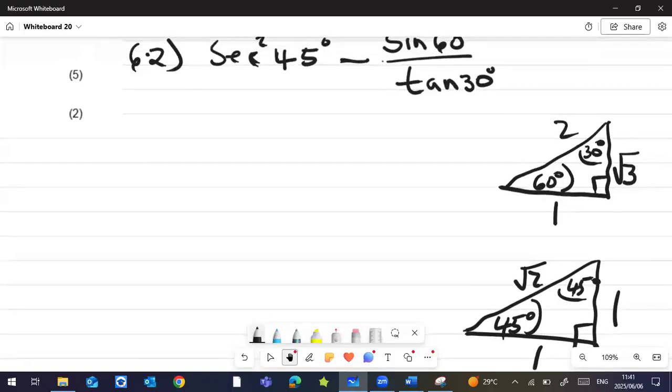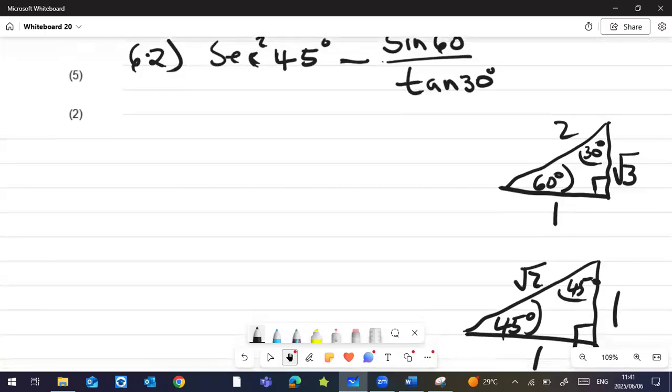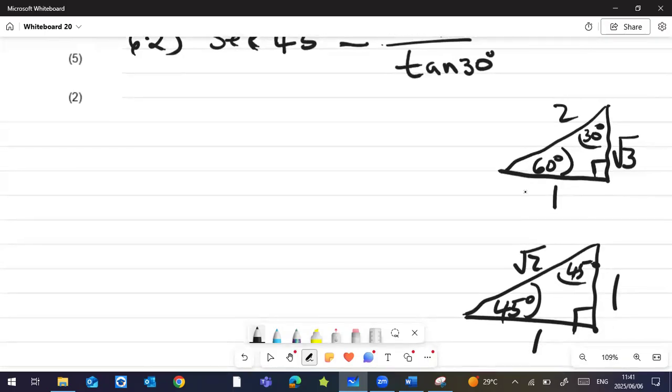If cos is adjacent over hypotenuse, secant will be hypotenuse over adjacent. If you look at our triangle here, any 45 can be used. The hypotenuse here is square root 2, then the adjacent is 1. Whichever way you look at it, the hypotenuse is square root 2 and the adjacent is 1.